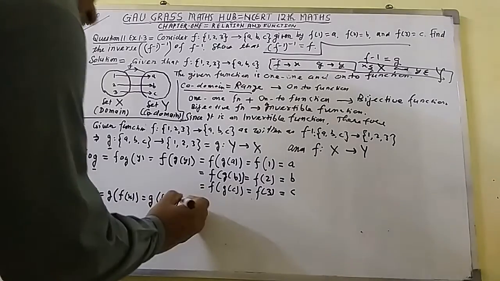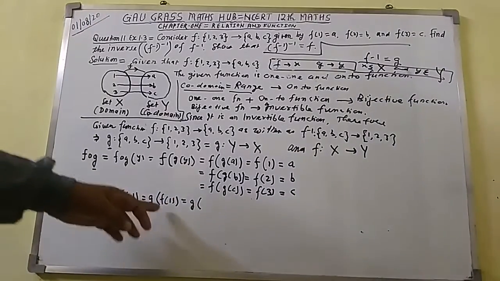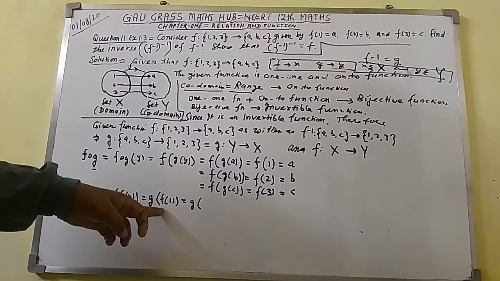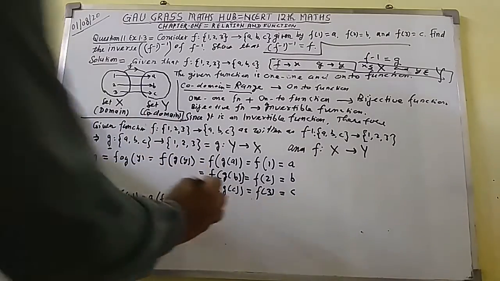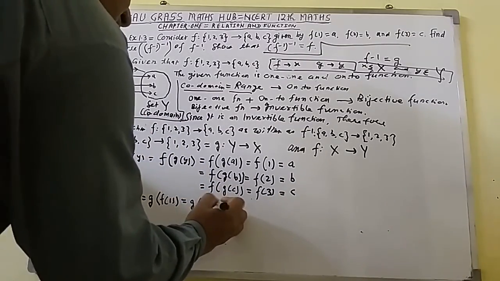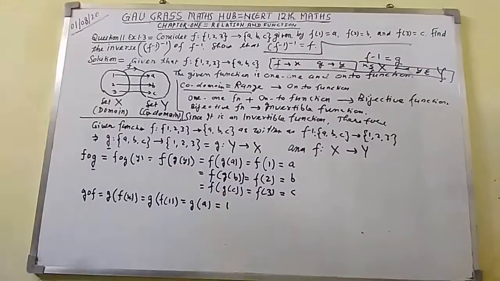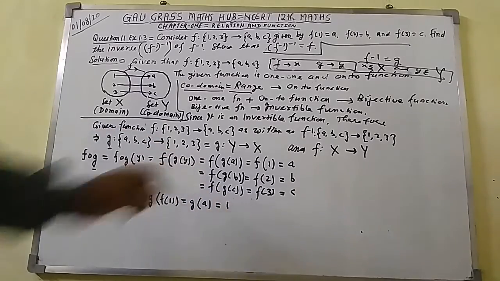So what will you do here? Equal to G, again F1 is there. F1 will be taken, F1 equal to A. So here write G of A. What is the value of G of A? Equal to 1. So here write G of A, and G of A gives 1.